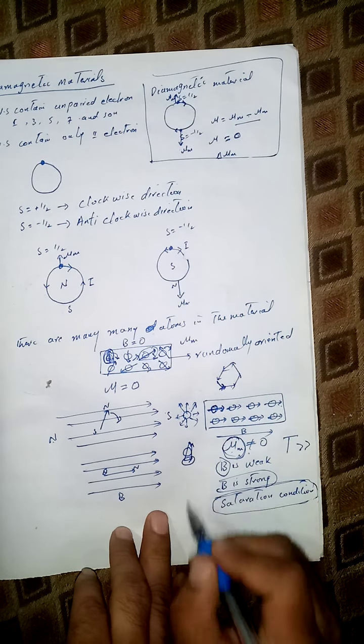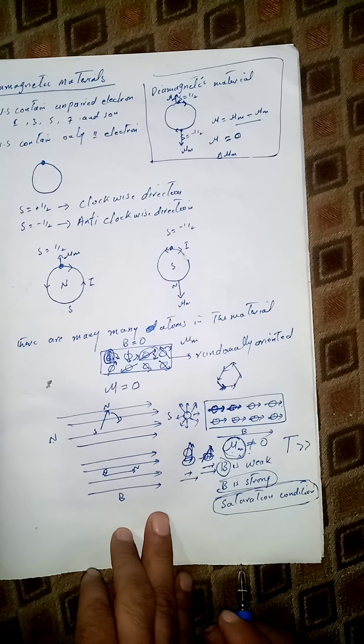Similarly, for the other atom there is again vibration, and due to this vibration the dipole moment might be reduced to this one, or might get a position like this. Here again we have two components. This component is in the direction of the magnetic field, which is slightly bigger than the previous one but smaller than its original dipole moment at room temperature.